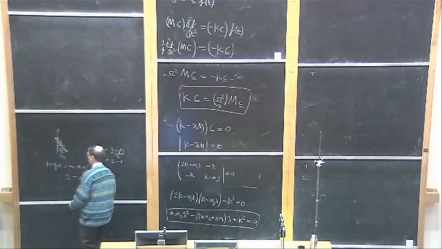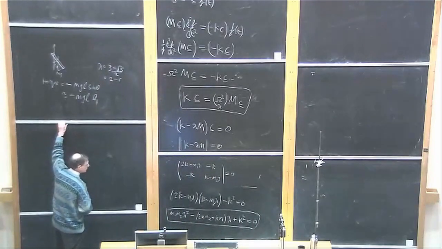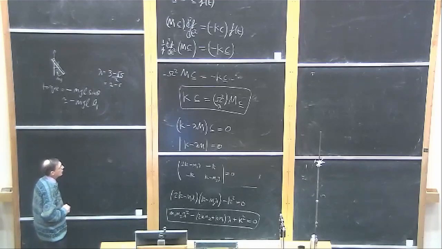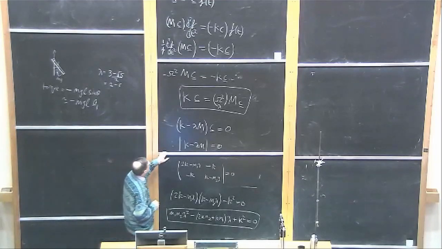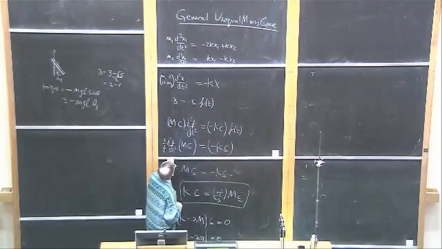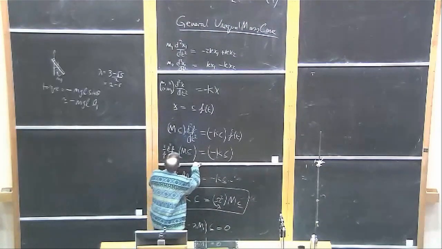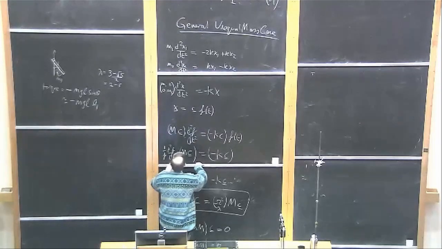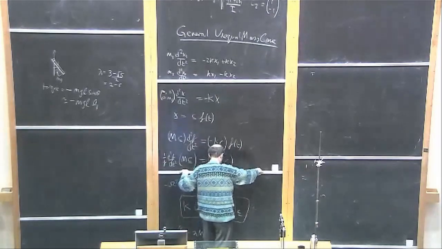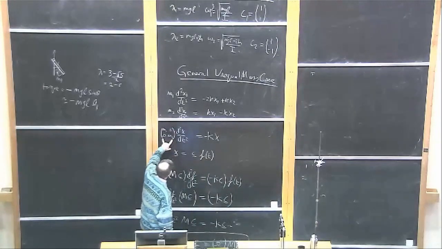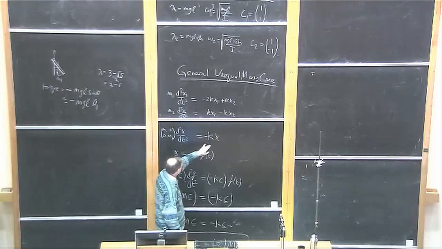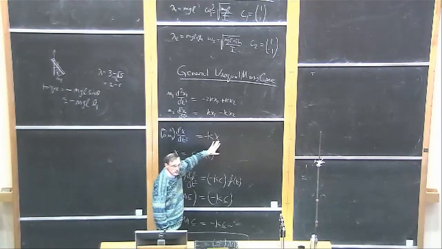This is not the only way of handling the problem, of course. At this stage, I could have multiplied by the inverse of this matrix to give me d2x by dt squared equals a matrix on this side times x.